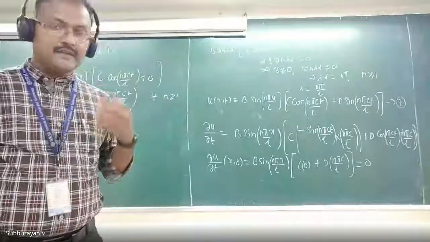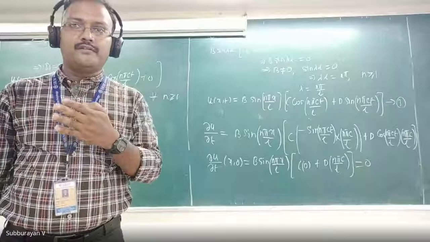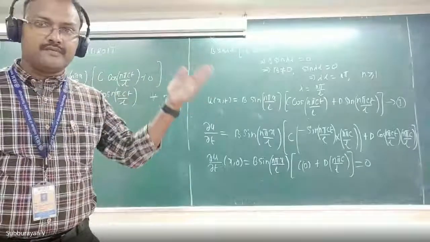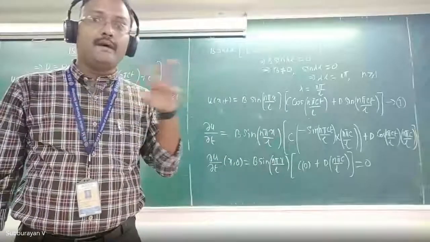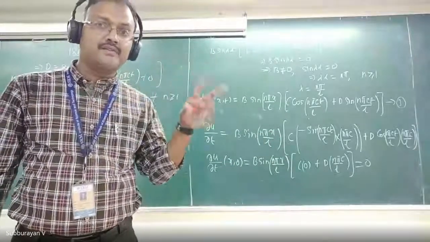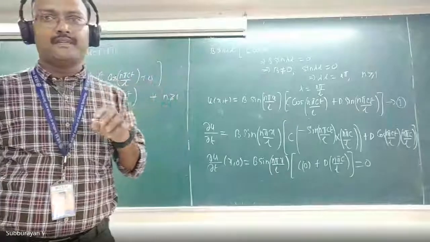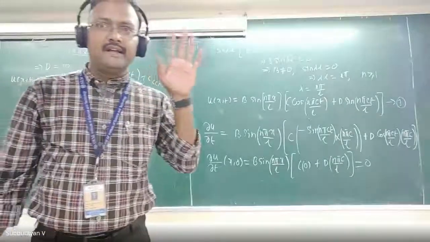It says, suppose f is a solution of the problem, and g is also a solution of the problem, then their linear combination is also a solution for the linear problem.